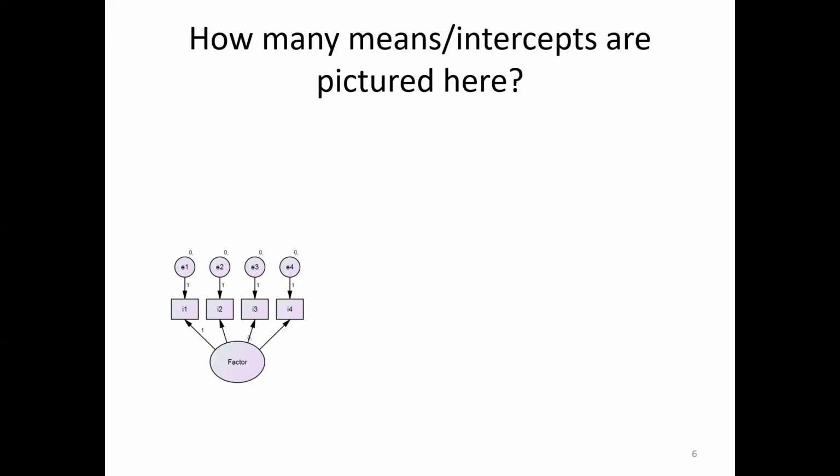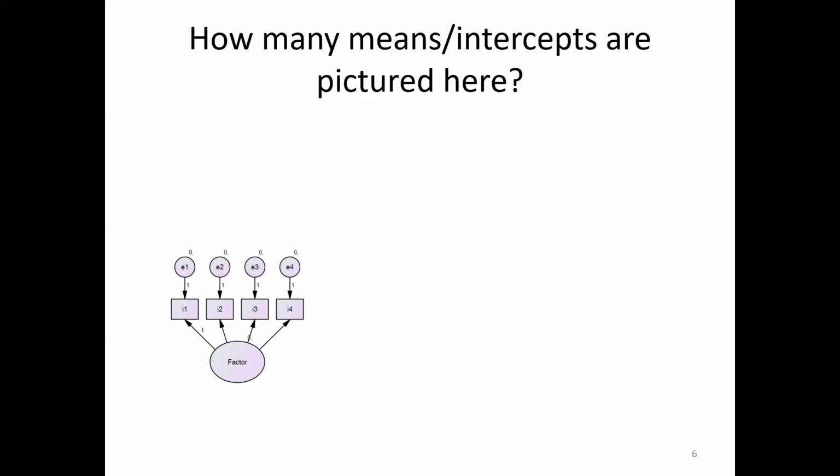So back to means and intercepts. In a single group model, I'll often just constrain the factor mean to be equal to 0. But now imagine that I have a multiple group model. I don't want to constrain both factor means to be equal to 0. So if you think about a multiple group situation, how many pieces of mean information would I have?